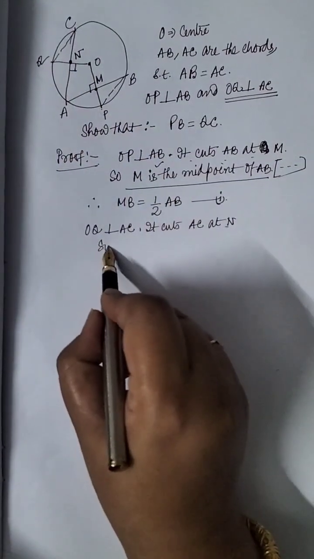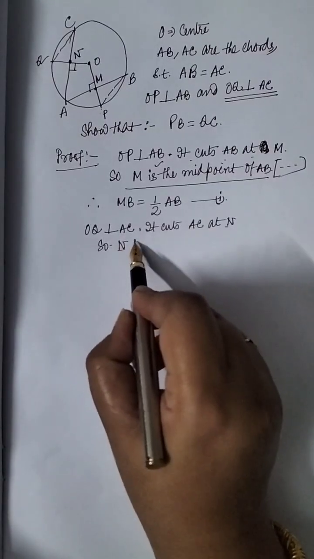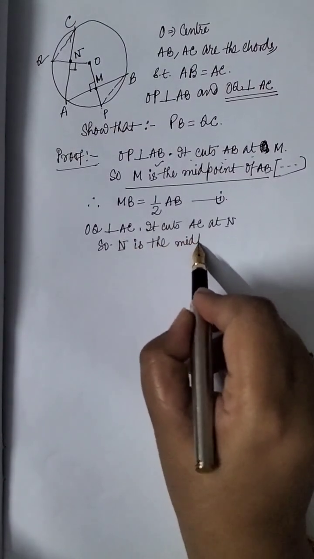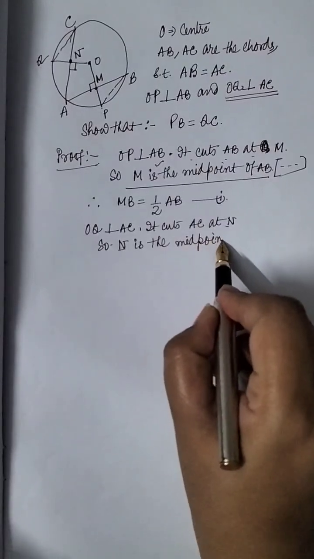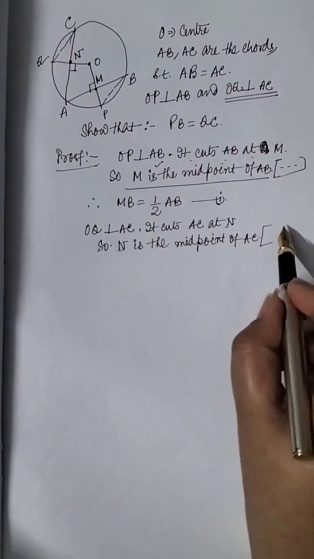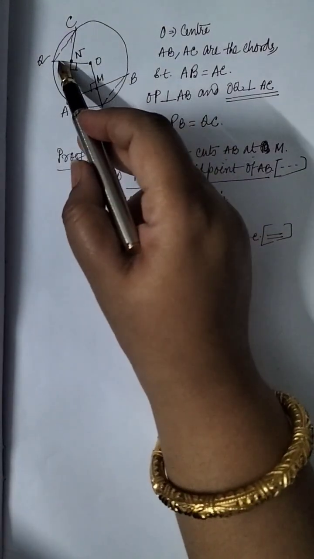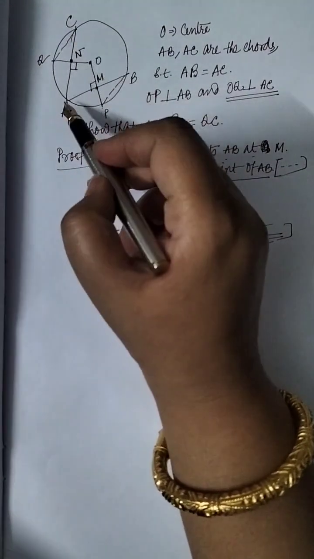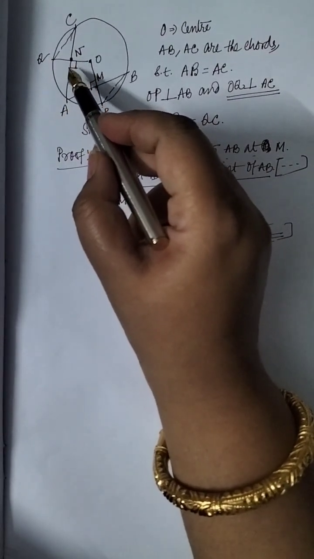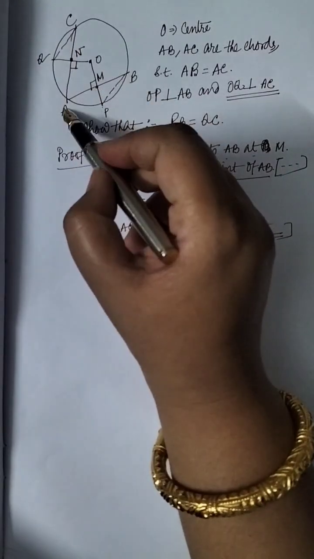So, by the same logic, N is the midpoint of AC, right? By the same reason, that if we consider a perpendicular from the center of the circle to one of its chords, then it will obviously bisect the chord. Okay, so here we get that N is the midpoint of AC.